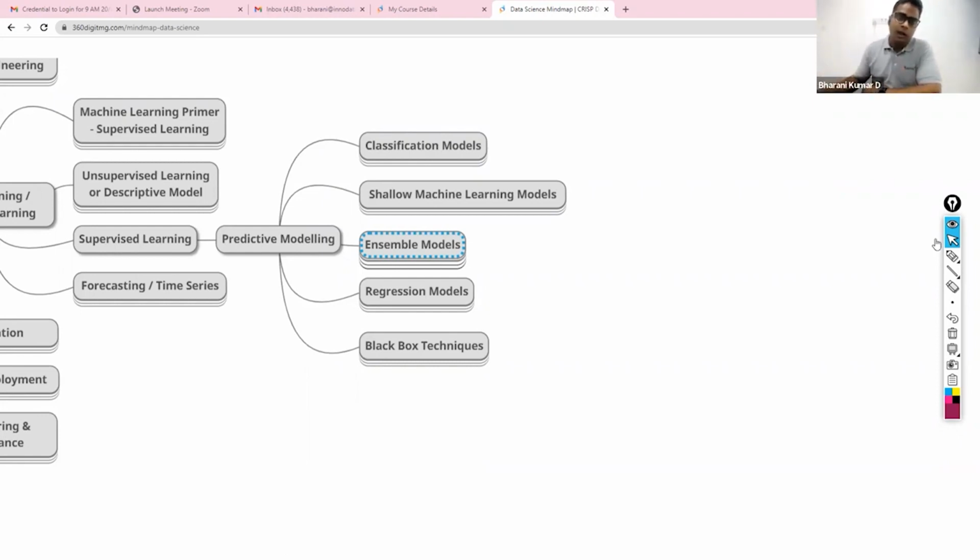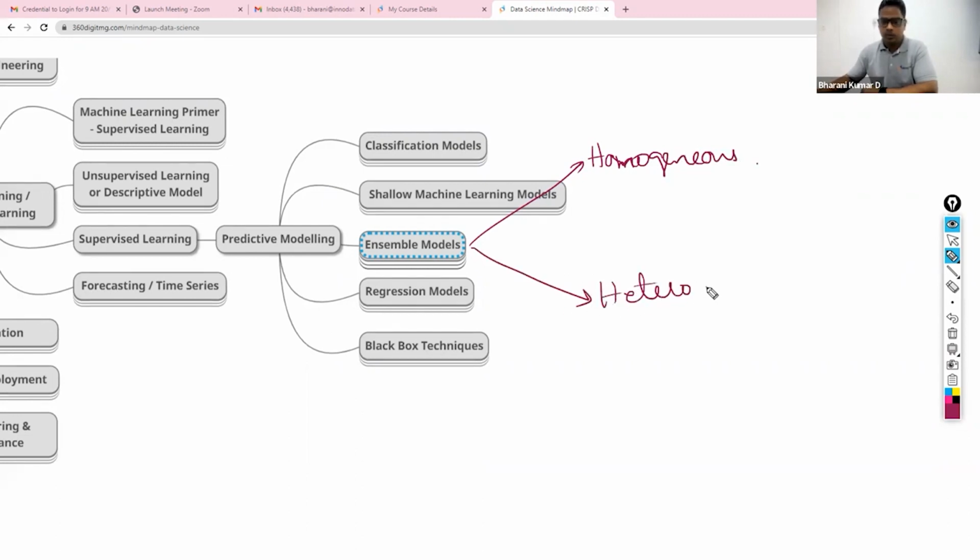Next, we have homogeneous and heterogeneous ensemble techniques. Homogeneous means we use the same base learner. Base learner means the same algorithm. And we also have heterogeneous. Heterogeneous means you use a different set of algorithms.